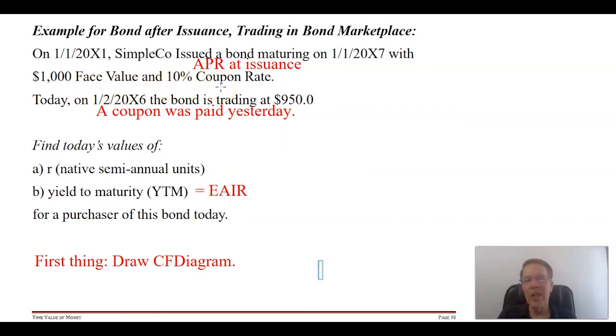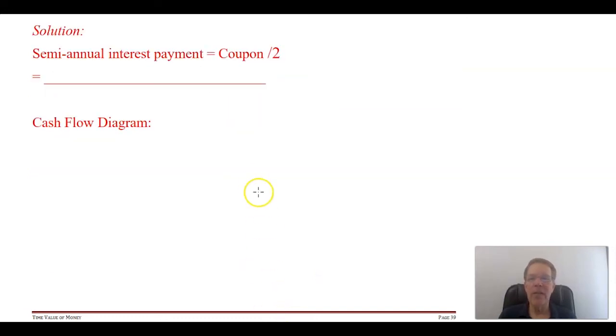That means that the coupon is 10% of this, or $100, and that's going to be paid every 6 months. 50% of that is going to be paid every 6 months. So that's equal to 100 divided by 2, and that's equal to 50.